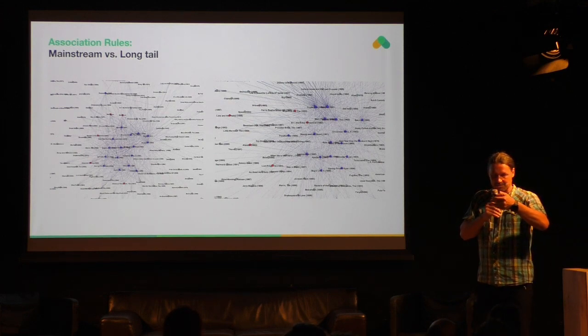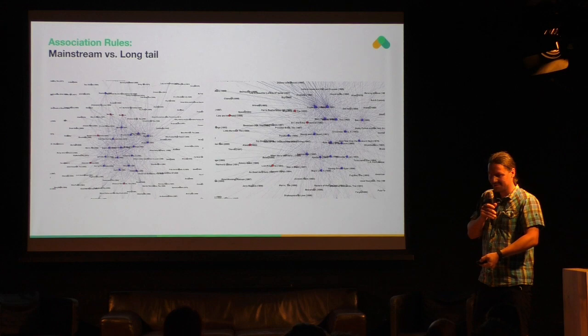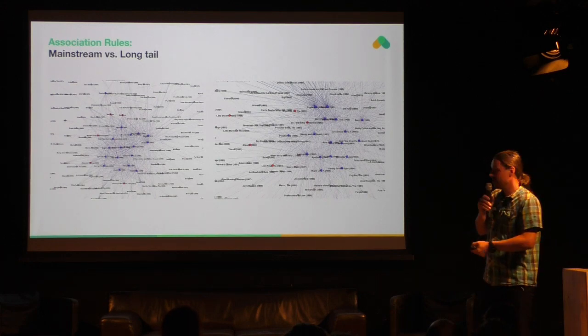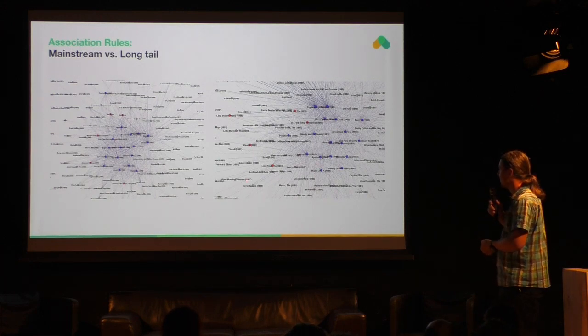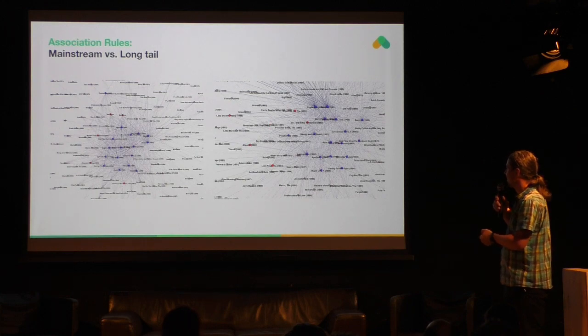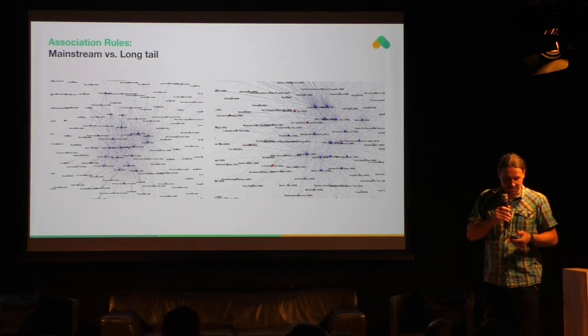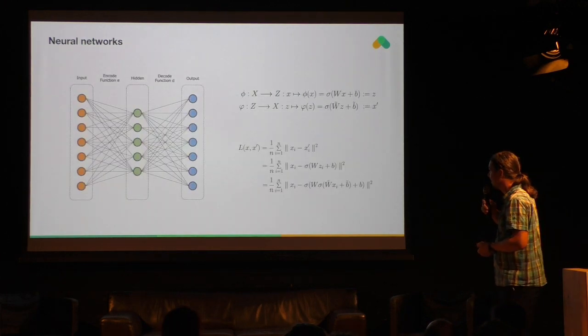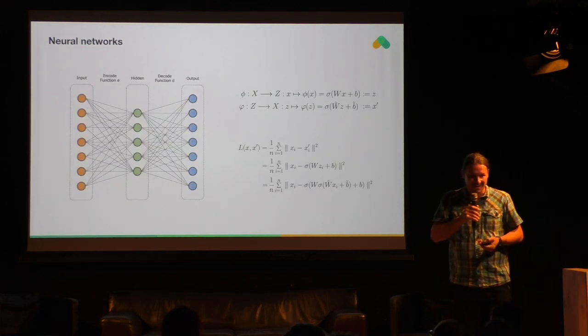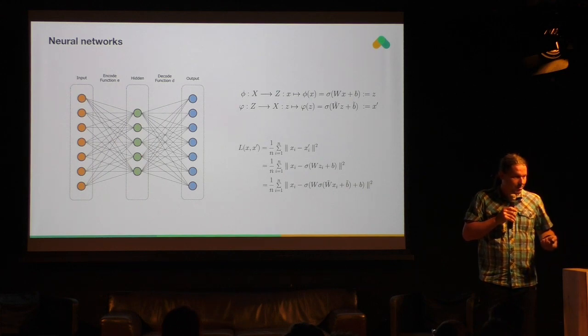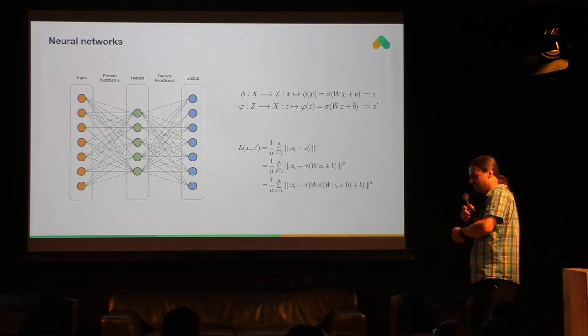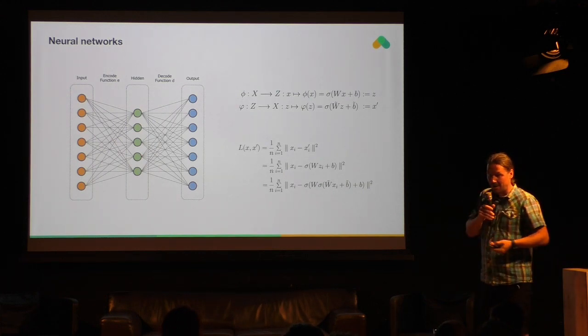Once you decrease the minimal support and confidence, you get into places which are not bestsellers anymore. They are quite interesting, the long tail. This is what we are interested in, and you can modify the association rules algorithm to prefer not the bestsellers but the long tail items.